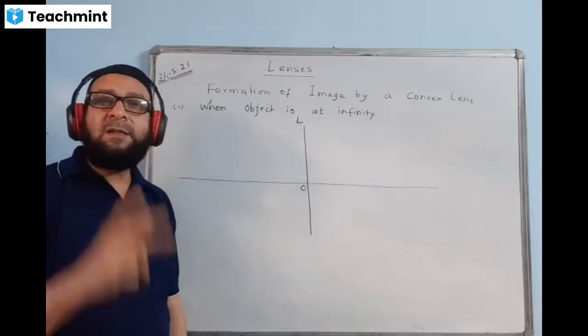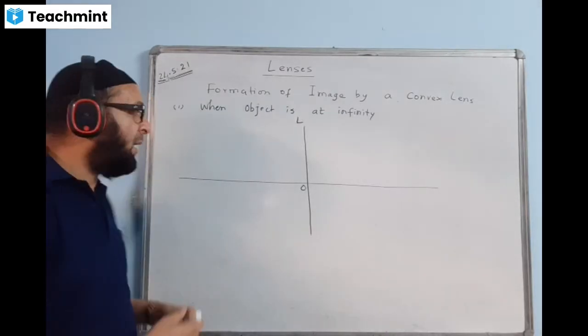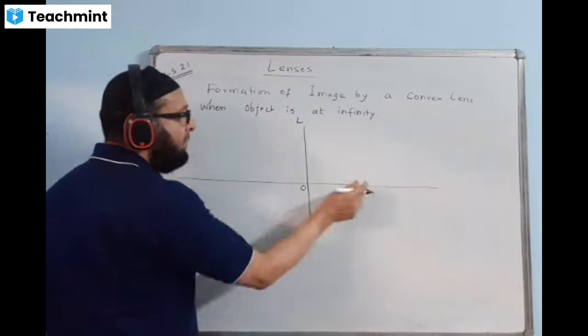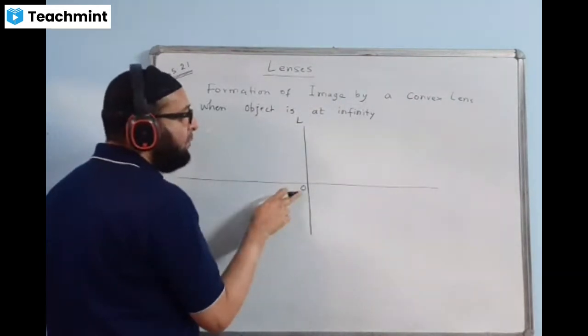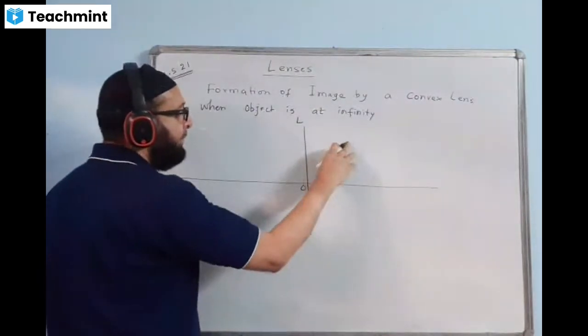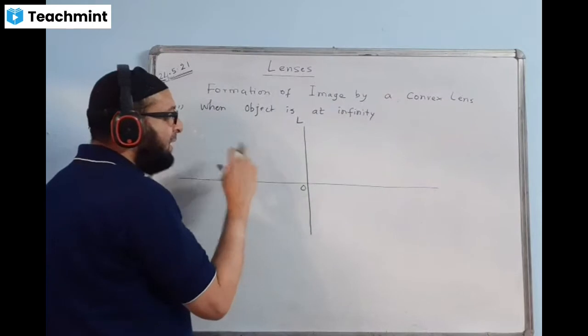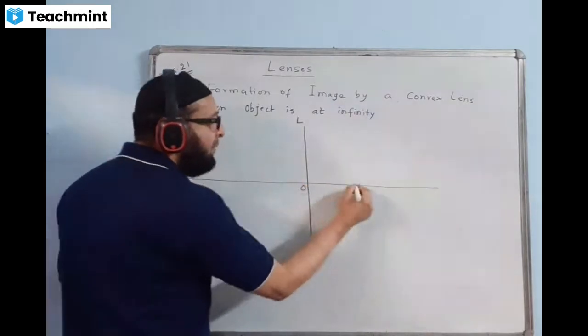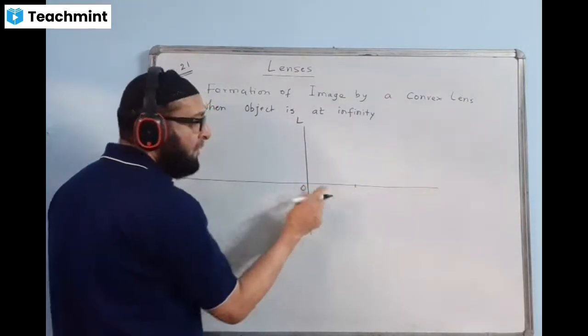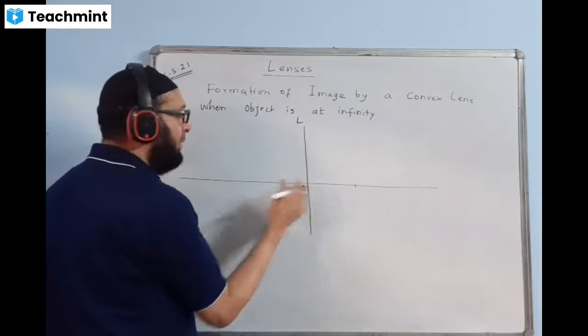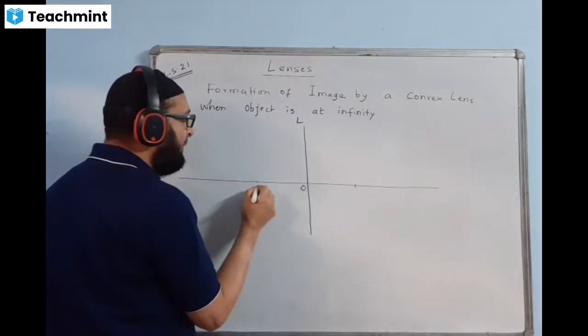Now I'll mark 2 points, the focus points. The 2 foci should be at the same distance from the optical center because the medium is the same. For the sake of accuracy, I'll take one focus 2 centimeters from here. With the ruler, measure 2 centimeters, and on this side also measure 2 centimeters.